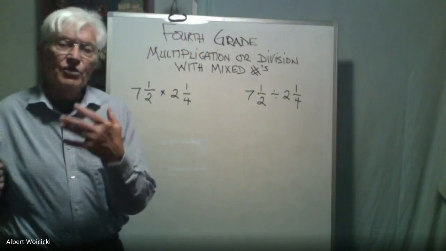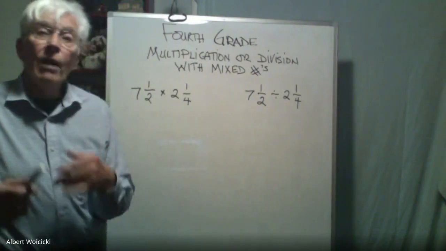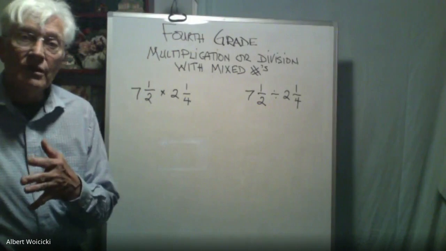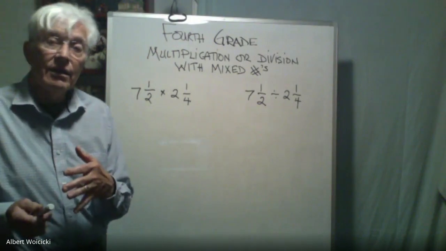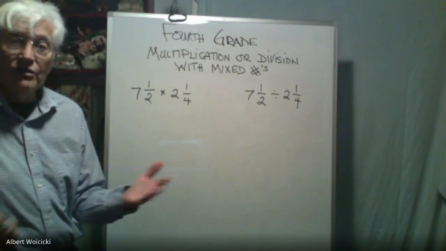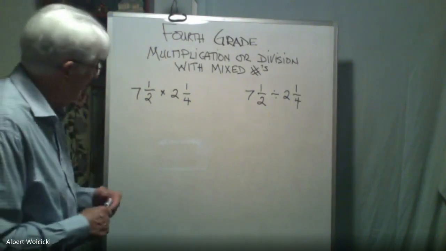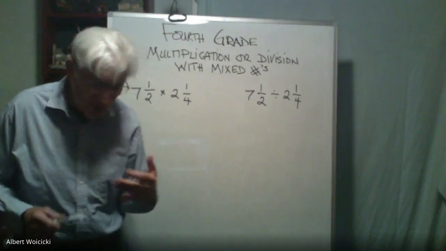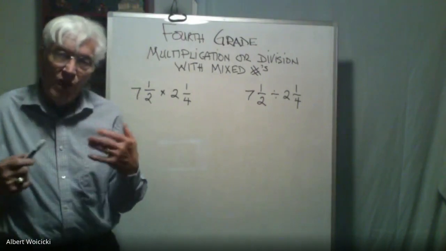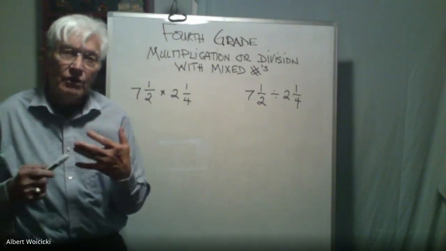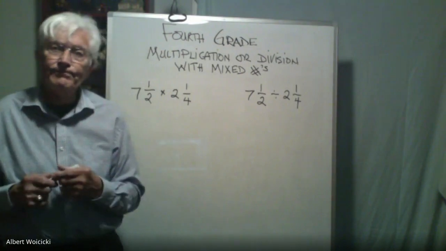What we have to do is change these to pure fractions, and then we're going to do the operation that we need. So now what we're going to be learning in the process is one of the most beautiful things in math.